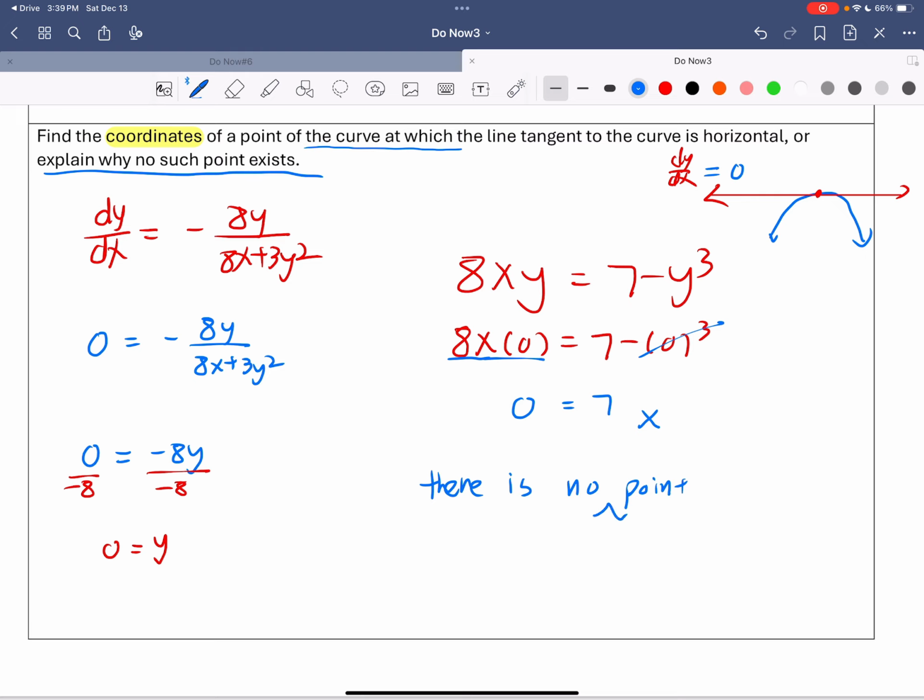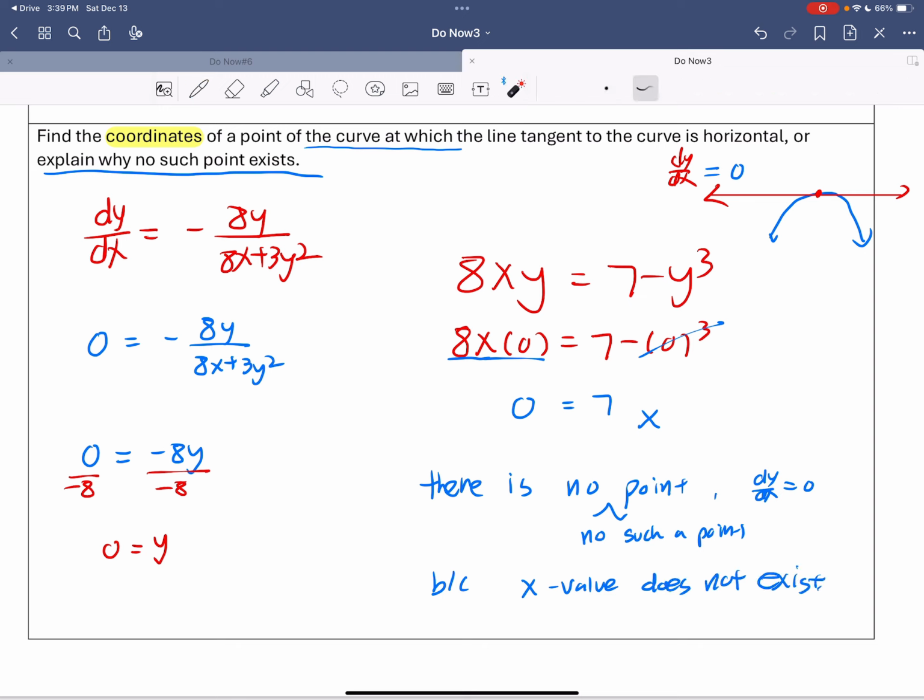I don't know, you know better English than me. No such a point, dy/dx equals 0, because the x value does not exist. That's what you really have to write.